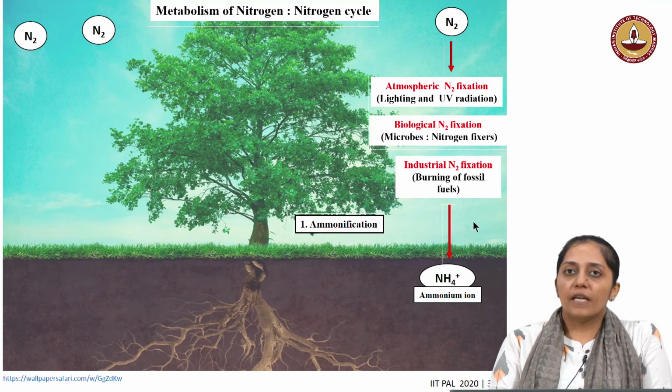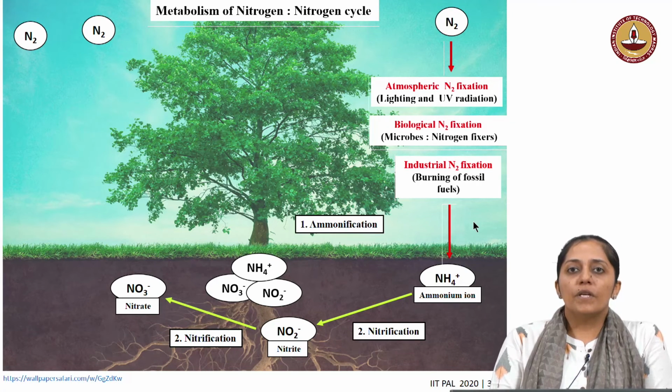There is biological nitrogen fixation, in which microbes act as nitrogen fixers, and there is industrial nitrogen fixation via the burning of the fossil fuel. All these processes independently fix atmospheric nitrogen and convert it into ammonium ions. This process is called ammonification.